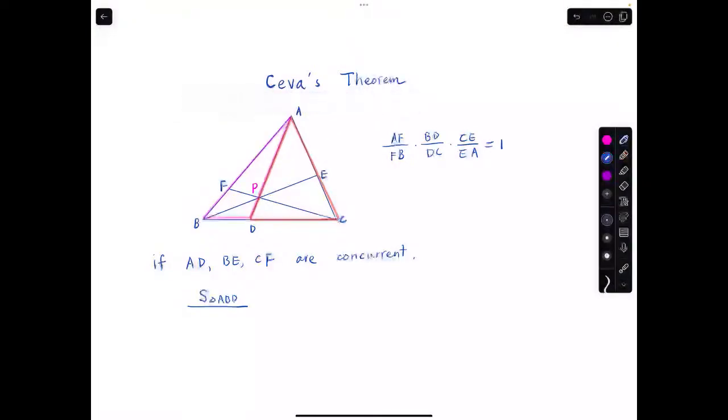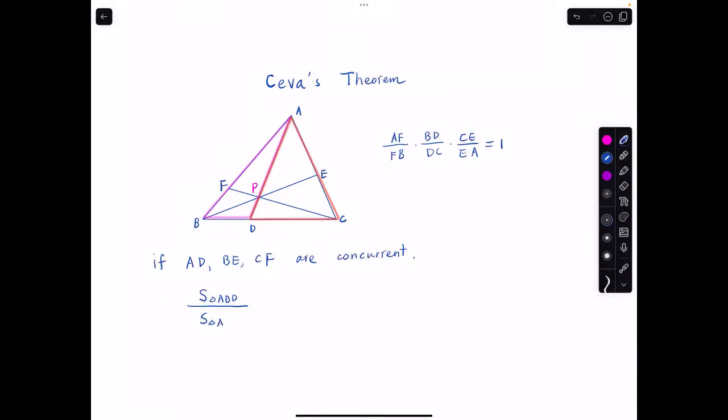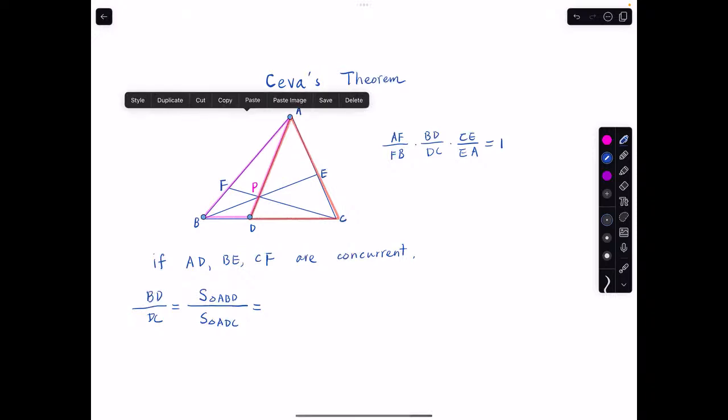So the triangle ADC is going to equal to the ratio of the base because they share the same height, right? This would be the height, and this is going to be the BD over DC. All right, let's write it down. It's going to be BD over DC.